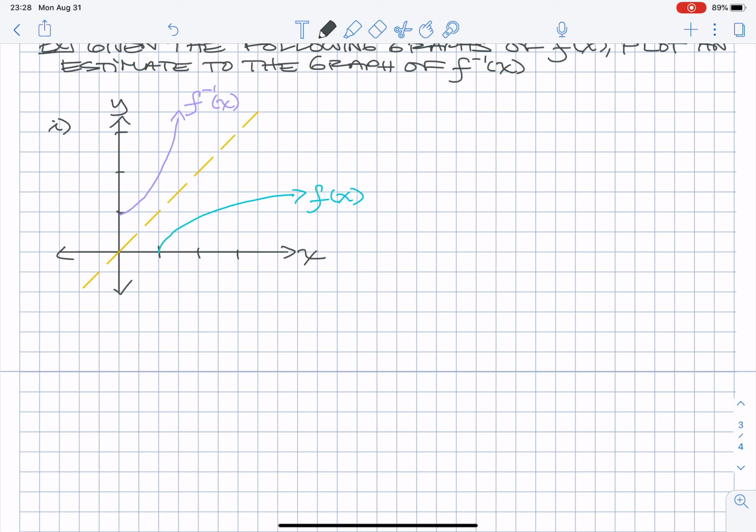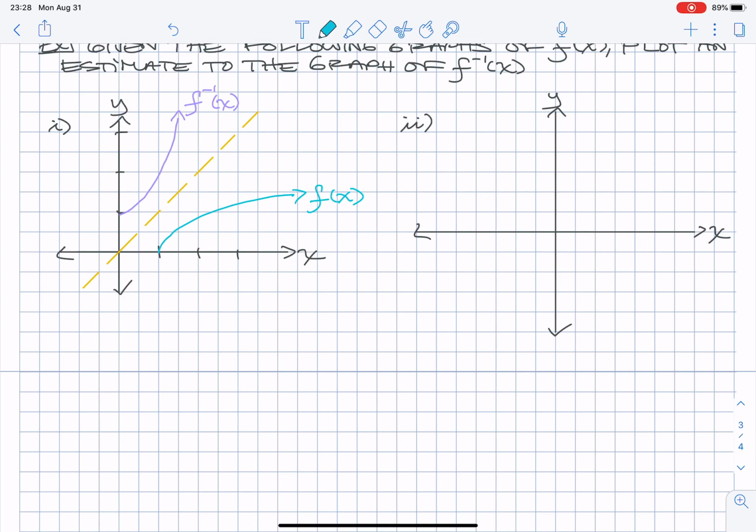Okay. Actually, let's do another graph right next to it. Let's say we have something that looks like, what shall we do? X and y.